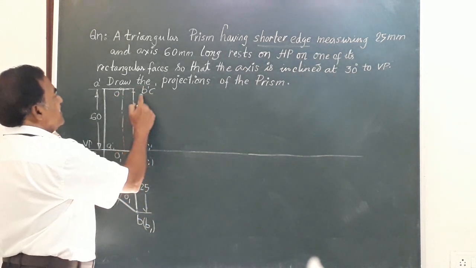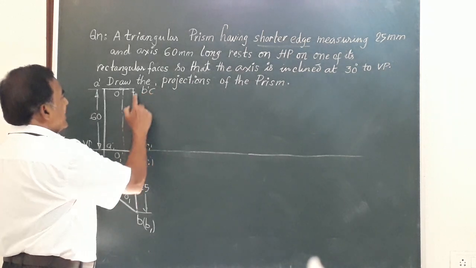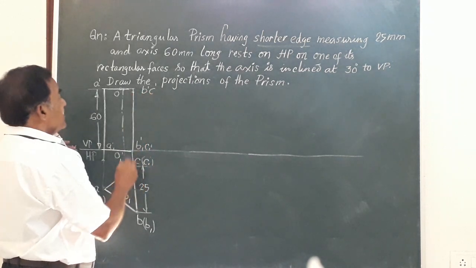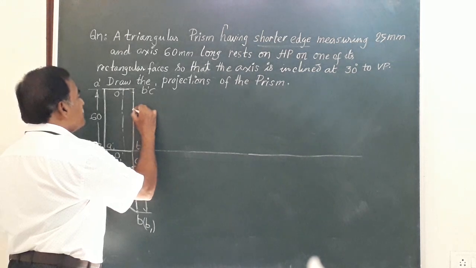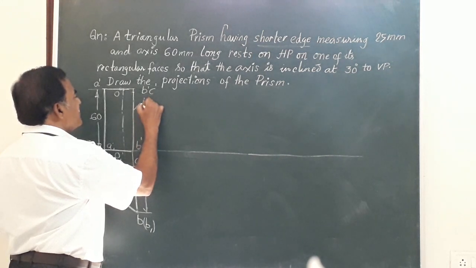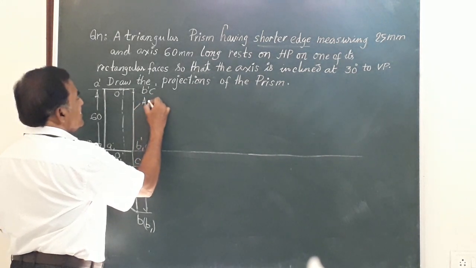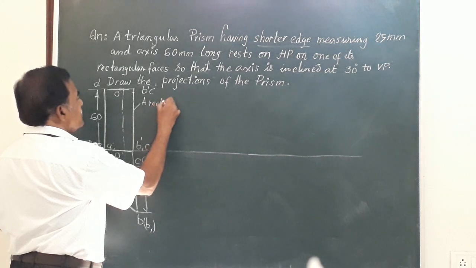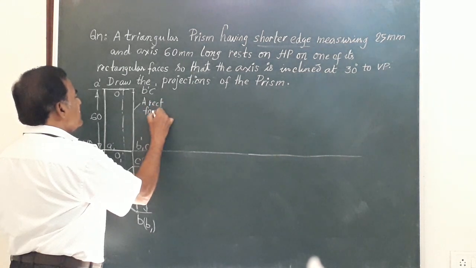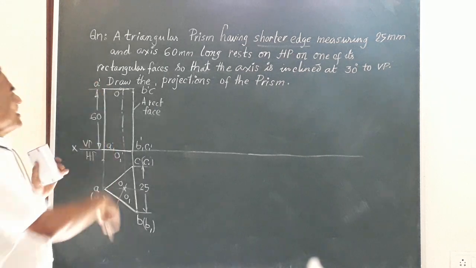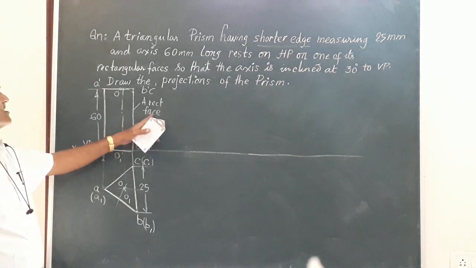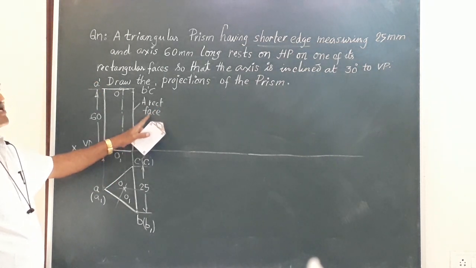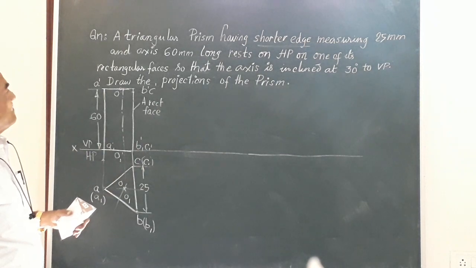The points are B dash, C dash, B1 dash, C1 dash. So this line represents a rectangular face. You should know the reason why it is rectangular: the line contains 4 points, and hence this represents a rectangular face or a rectangular surface.